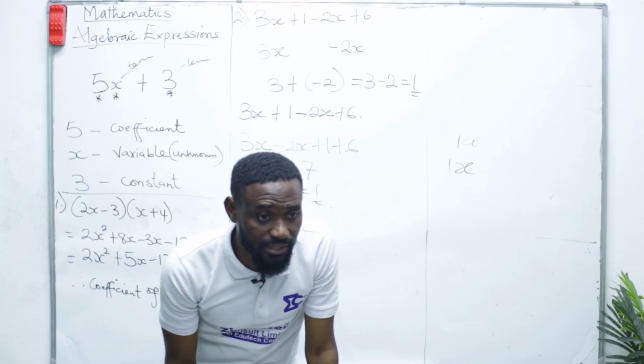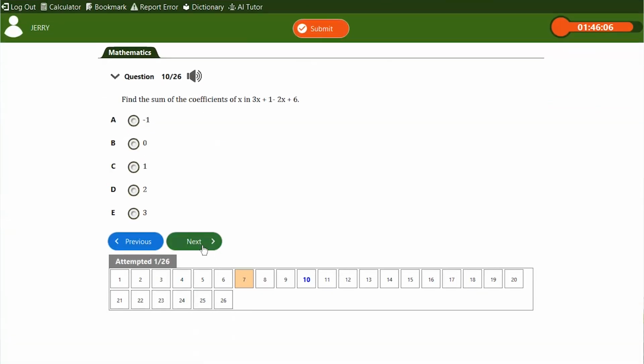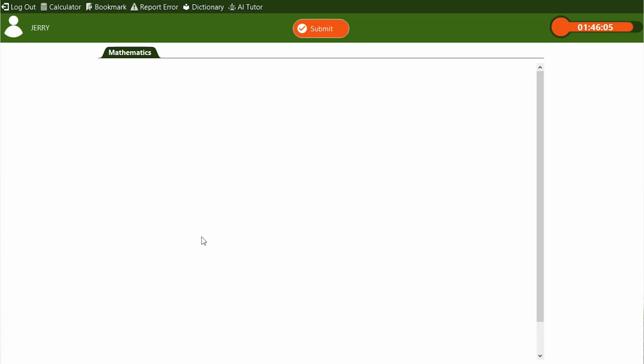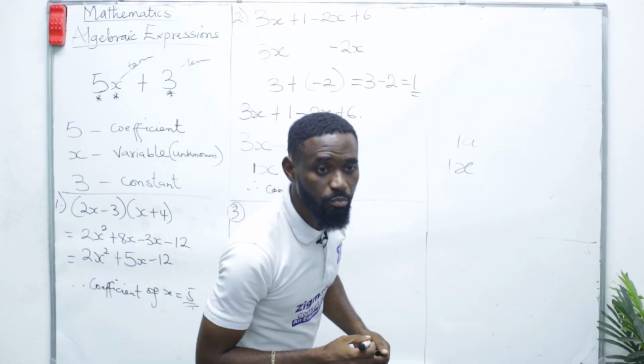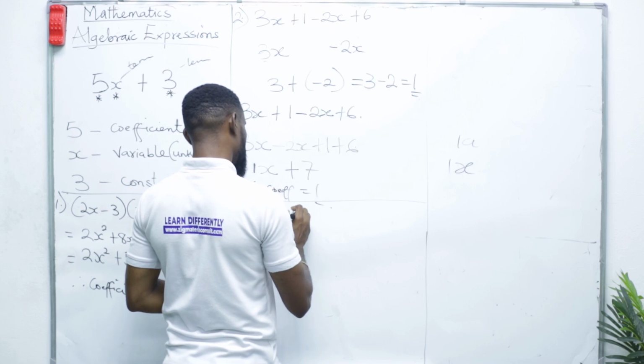So let's look at the next thing we have here. This says we should simplify an algebraic expression. We're asked to simplify 1 over 2x plus 1 over 3x.